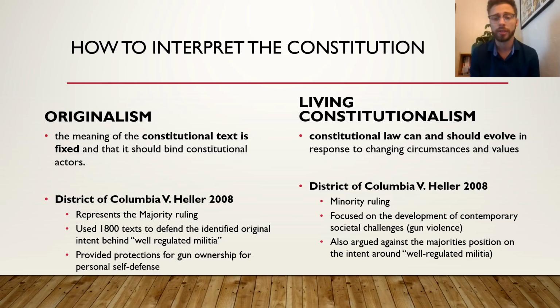And the living constitutionalist would argue that constitutional law can and should evolve in response to changing circumstances and values. The purpose behind our Constitution is not fixed in any generation, but instead it changes so new generations can use this document to protect themselves.